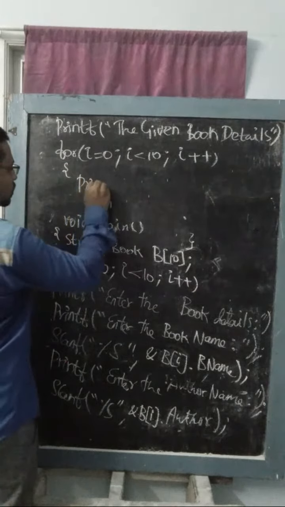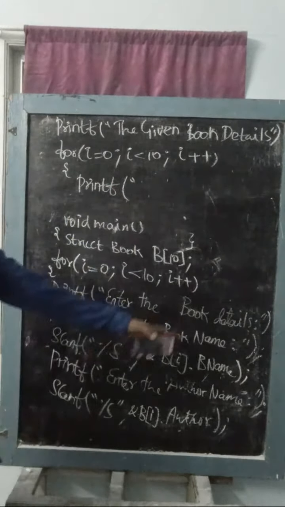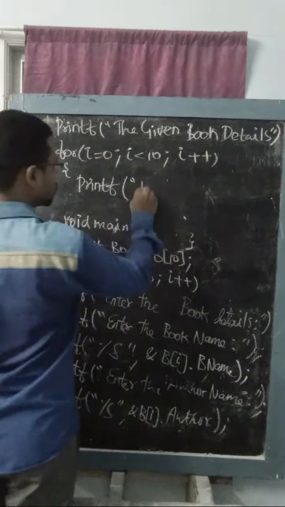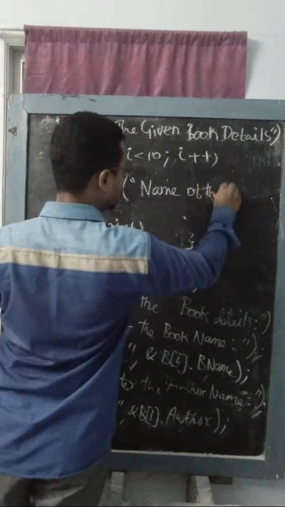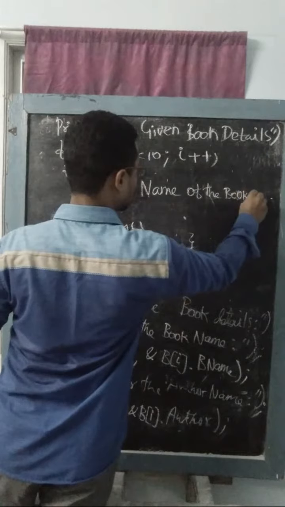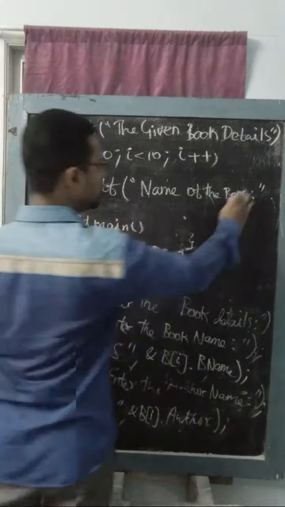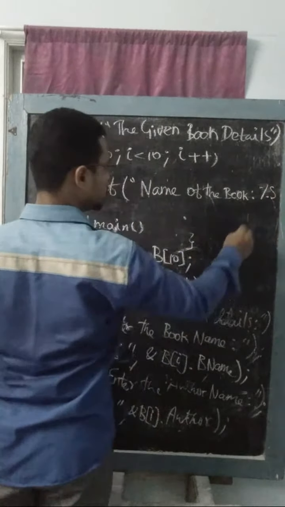So now I'm just opening the for loop. Printf. The first detail is the name of the book. So printf name of the book is percentage s, comma.